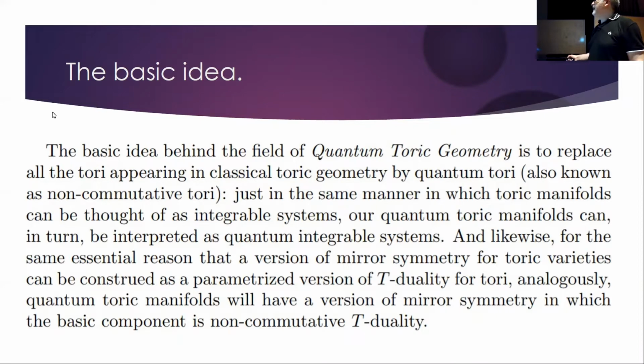And just in the same manner in which toric manifolds can be thought of as integrable systems, quantum toric manifolds can in turn be interpreted as quantum integrable systems. And likewise, for the same essential reason that a version of mirror symmetry for toric varieties can be construed as a parametrized version of T-duality for tori, in the same manner, for quantum toric manifolds we have a version of mirror symmetry in which we have this kind of non-commutative T-duality.